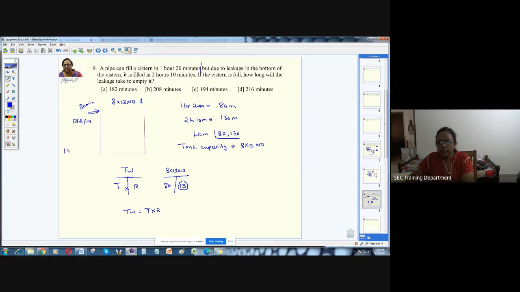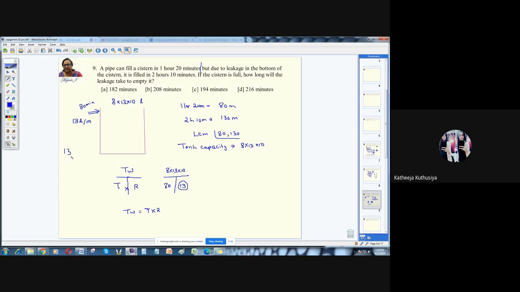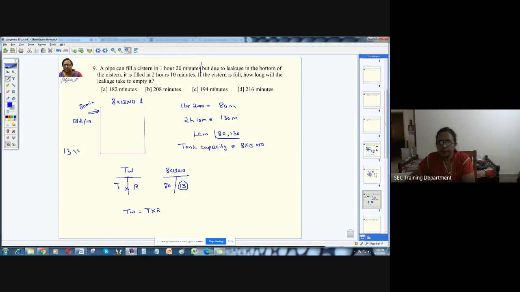So you can imagine that first 1 minute it is going to fill 13 liters, second minute another 13 liters. Suppose this pipe is open for 10 minutes, how much will it fill? 130. Now it is given that it is open for 80 minutes. So how much will it fill? The complete tank, right? 13 into 80 is 1040. That's a complete tank.